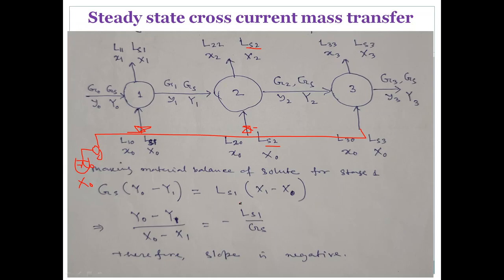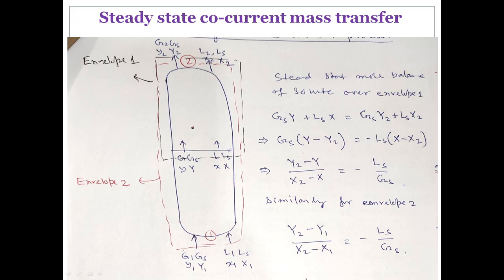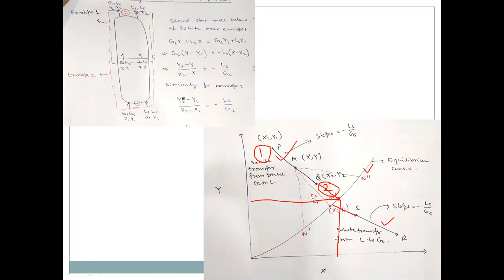If you see, this equation is similar to your co-current. Co-current means if you see this, the slope will be like this, and after mixing, if you take the settler and allow it up to the equilibrium, once it reaches here, then nothing will happen.